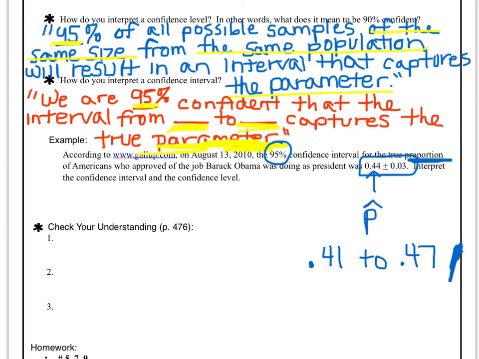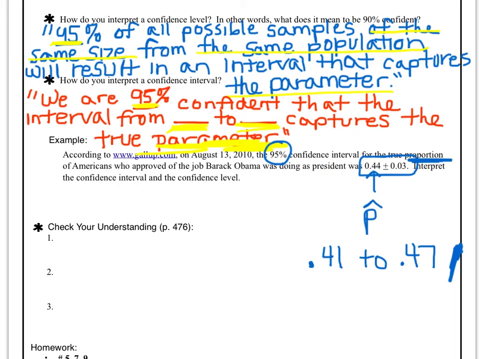Okay, for the confidence level, we look up here. 95% of all possible samples of the same size, because we don't know the population or the sample size, from the American population will result in an interval that captures, and then this in context, the true proportion of Americans who approved of the job Barack Obama was doing as president.